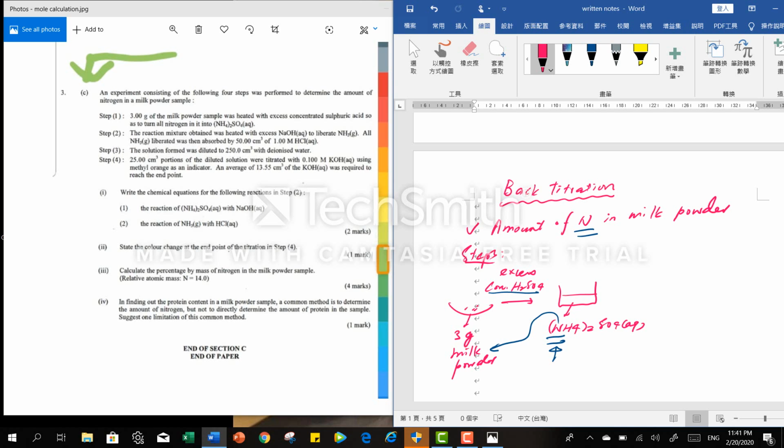The reaction mixture obtained was heated with excess NaOH, and then you add excess NaOH. Then it will produce ammonia. Now maybe the setup is like that.